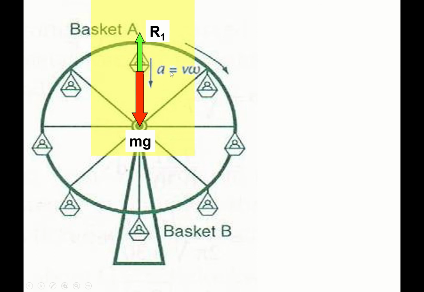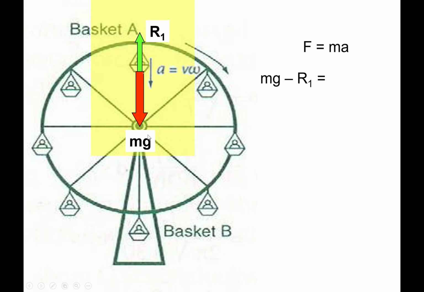Centripetal acceleration is directed towards the center of the circle. So from Newton's second law, F equals ma. The resultant force in this case is mg minus R1, since we take the direction of centripetal acceleration as positive.